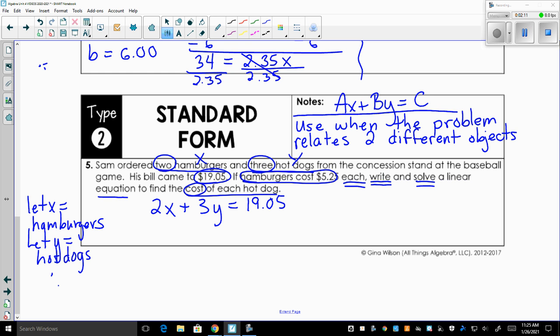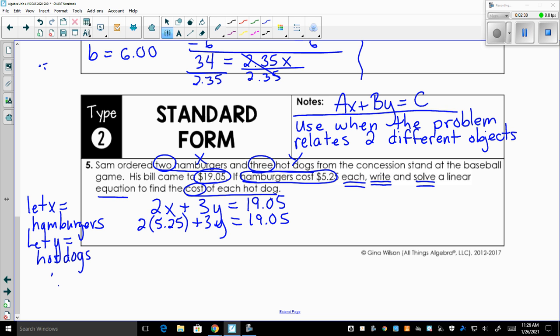So now you can see why it's easier to use standard form with this type. And then they gave us another hint and told us that the hamburgers cost $5.25 each. So I'm going to take out X and replace it with the $5.25. So 2 times $5.25, which is the cost of each hamburger, plus 3 times the unknown number of hot dogs, or the cost of each hot dog, equals $19.05.